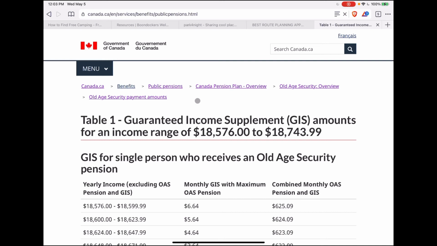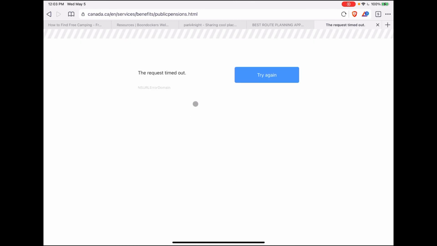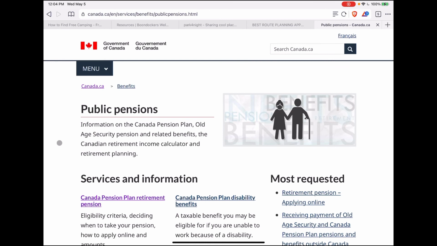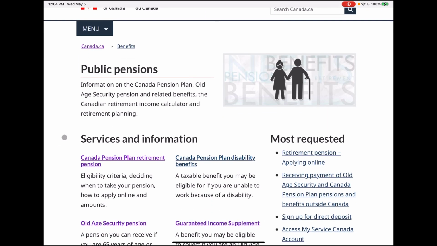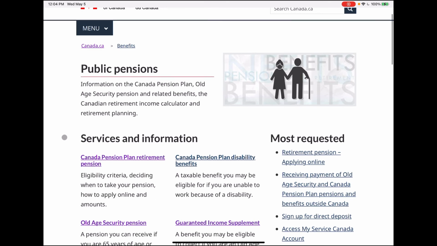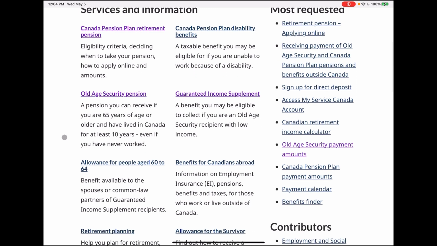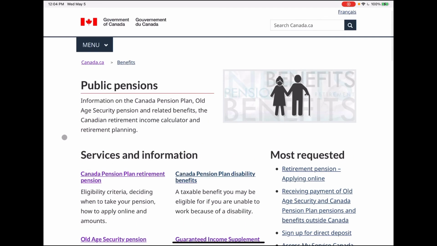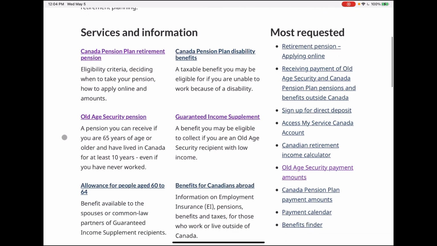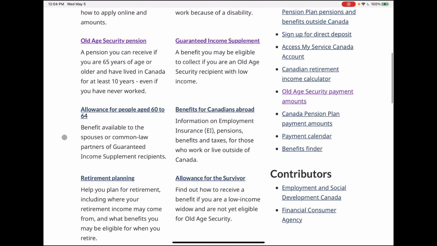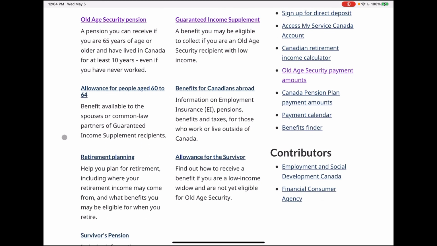But I guess the secret is topping up that TFSA as much as possible, especially if you're somebody that isn't going to have a guaranteed indexed pension from an employer or the government, and needs to rely more on the government money. Canada.ca is a wealth of knowledge for you, and you can get some pretty great information.